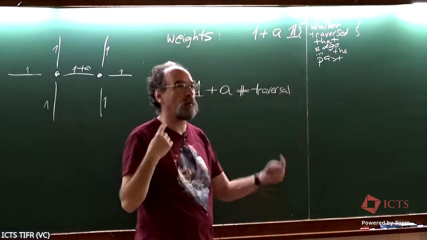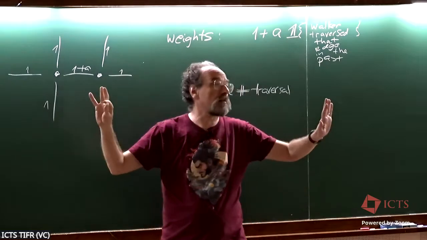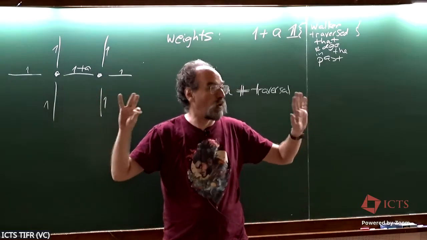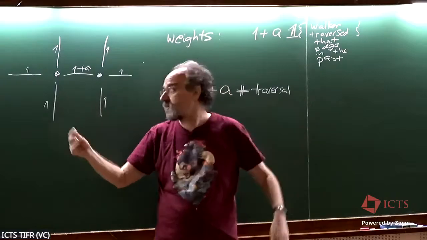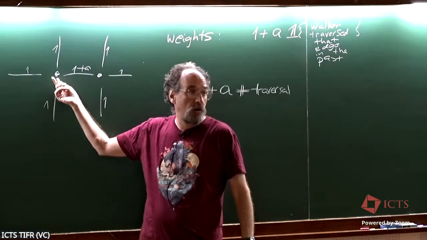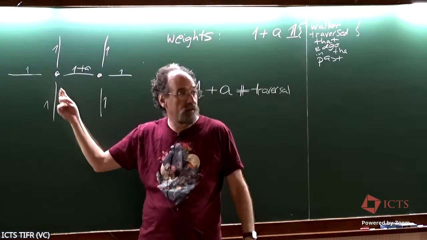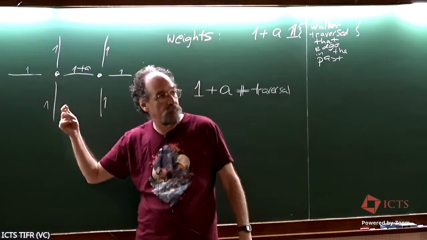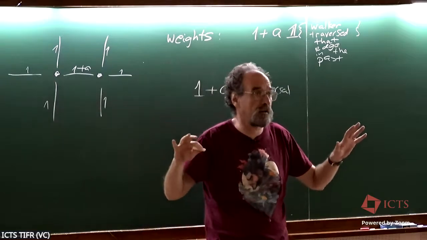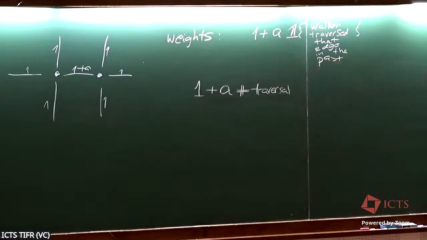So while in the once reinforced, you just increase this to 1 plus A and that's it. It stays at 1 plus A for all times. In the linear case, if you decide to walk that edge again, you increase it to 1 plus 2A, and then 1 plus 3A, and so on. Okay, is the difference between the two models clear?